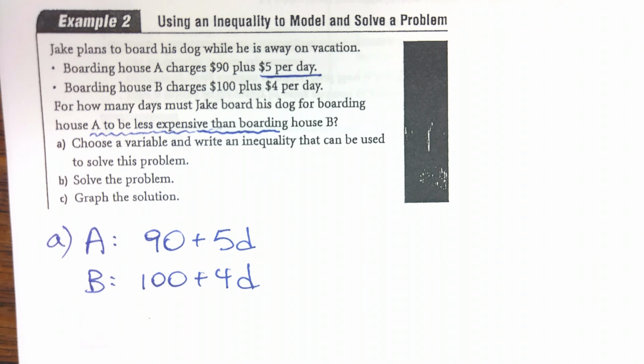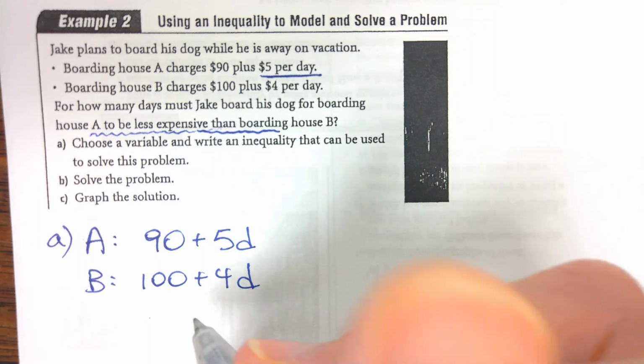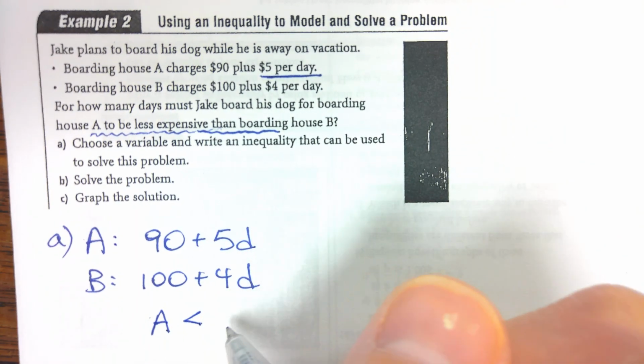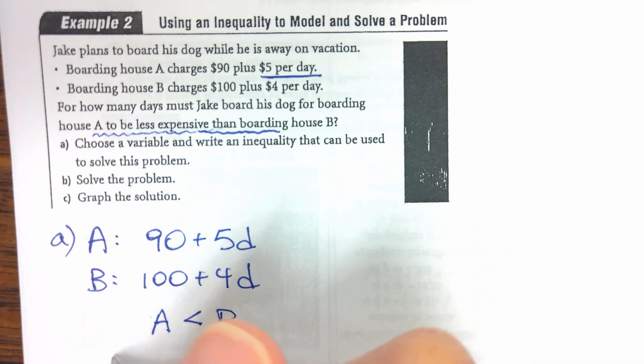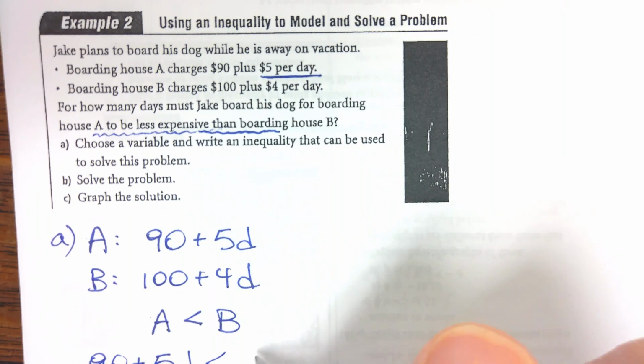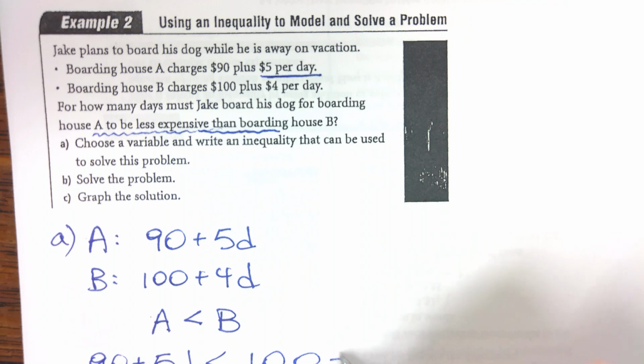This is exactly the same thing, but we're using a less than symbol. So when will A be less expensive than B? We write 90 plus 5D less than 100 plus 4D.